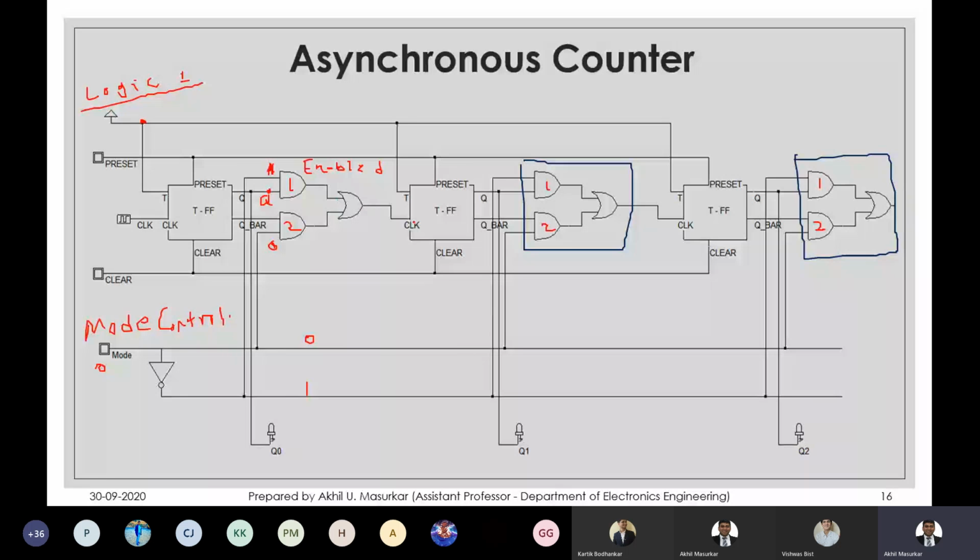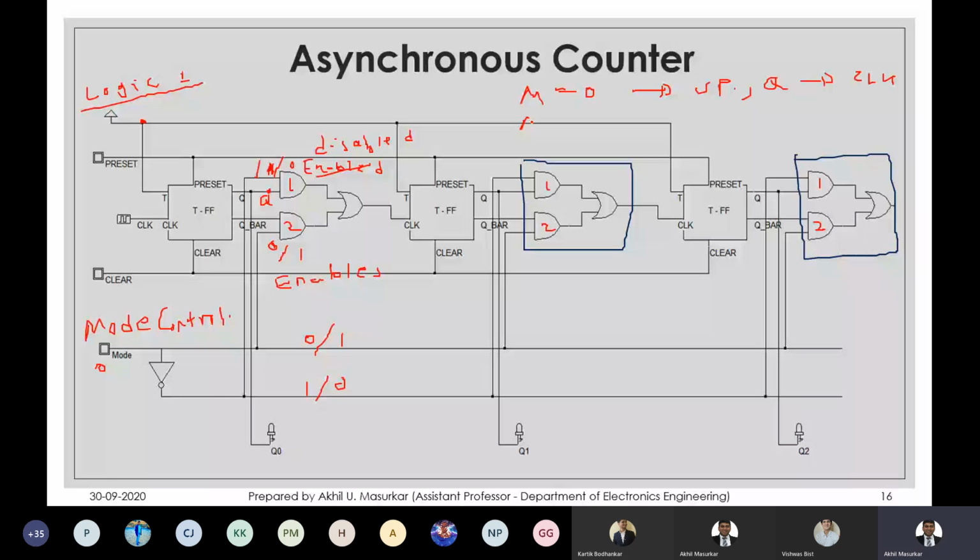If I interchange this, if I make this 1 and 0, then this will become 1 and this will become 0. So this gets disabled and the second gate enables. Now the Q bar gets connected to the clock, and that is why when m is equal to 0, we get up counting, because Q is connected to the clock.